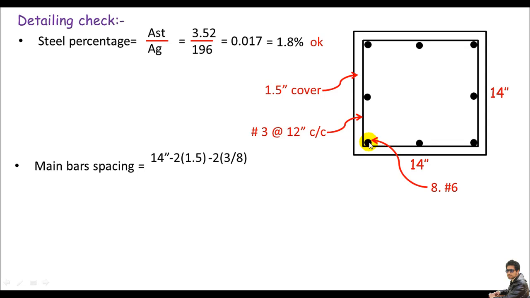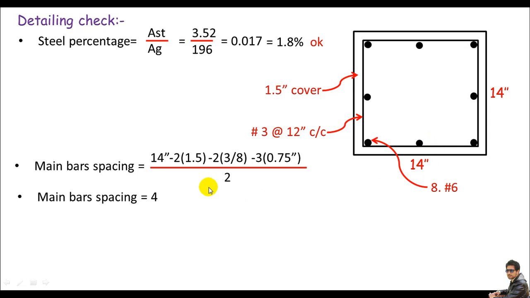And I also want to subtract 3 bars, per main bars, right? So negative 3 times 0.75 inches. 0.75 inches is just the diameter of this main bar, which is also known by number 6, or if you divide the 6 by 8, you can get 0.75 inches. I'll divide this guy by 2 because we have 2 spans, right? When you plug and chug in this, you must get 4.75 inches. And this is of course just less than 6 inches, right? So we are also okay over here.